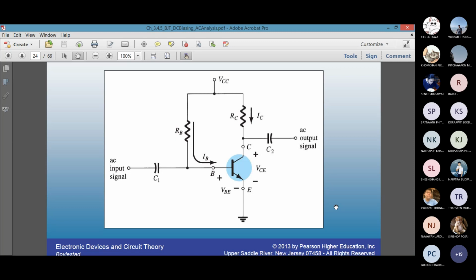When you do the DC analysis, how should you treat the capacitor in the circuit? This question will be for Sirin. Yes, teacher. During the DC analysis, how do we see the capacitor in the circuit? How should you treat it?